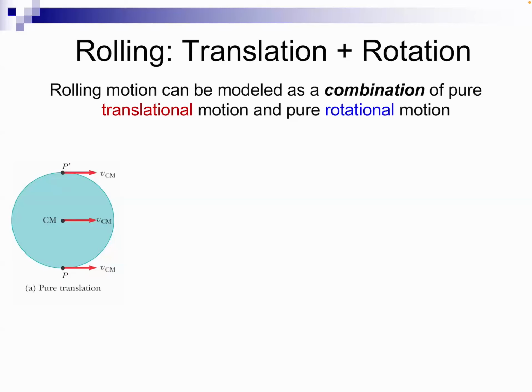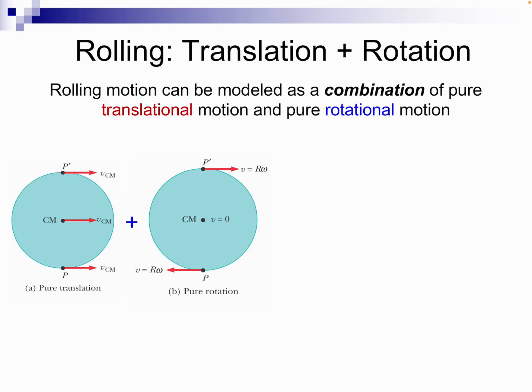If you look at the purely rotational motion, your object is just rotating in place, without rolling. We learned in uniform circular motion that you have tangential velocity at the rim of your rotating object like this.